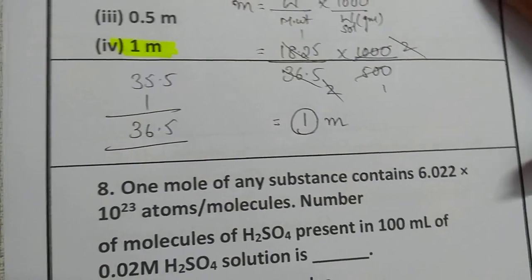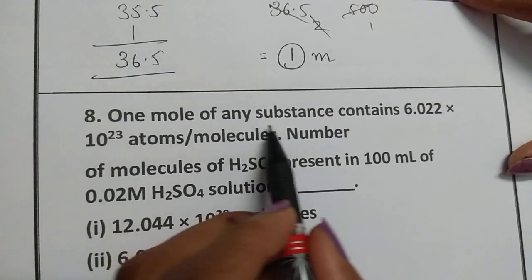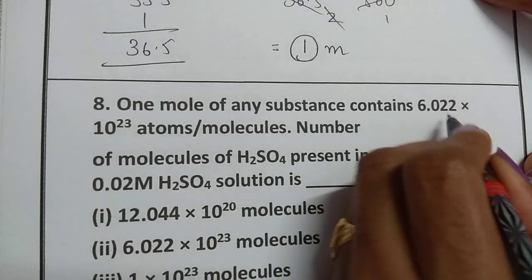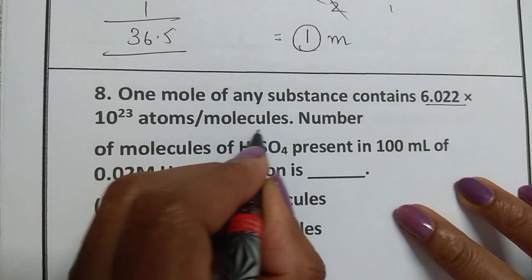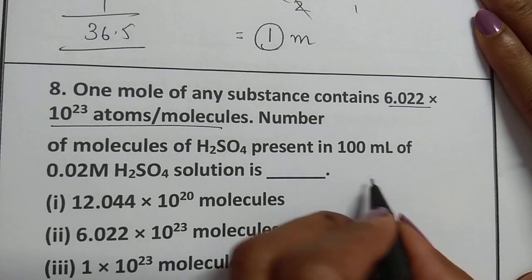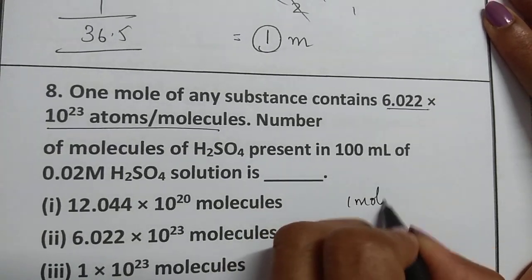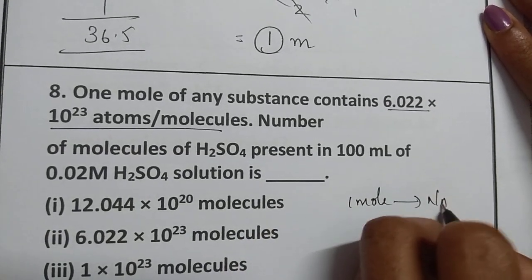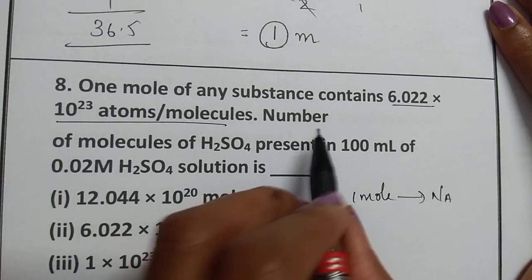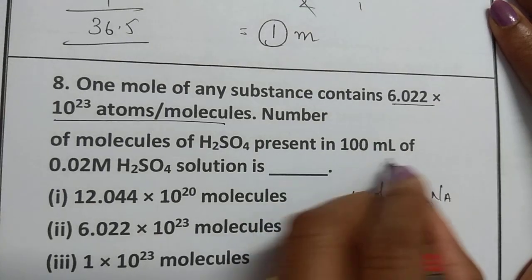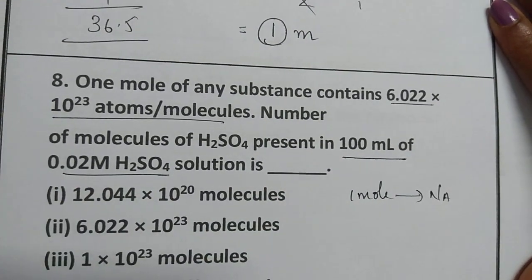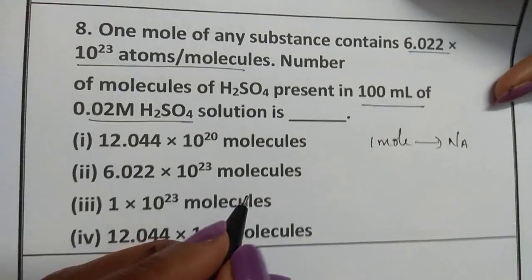Now the next question is, 1 mole of any substance contains 6.022 into 10 power 23 atoms or molecules, means 1 mole is having Avogadro number of molecules. Calculate number of molecules of H2SO4 present in 100 ml of 0.02 molar H2SO4 solution.